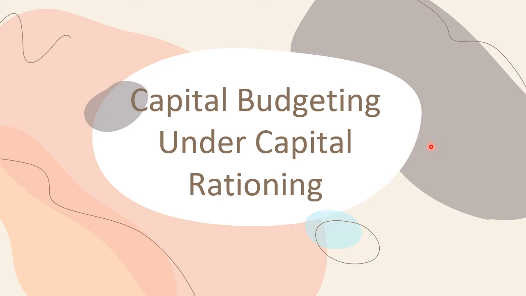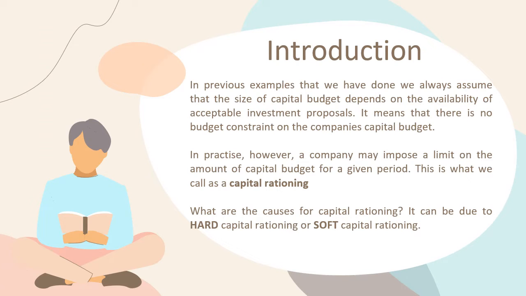The next one is capital budgeting under capital rationing. So what is capital rationing? In the previous examples that we have done, we always assume that the size of the capital budget depends on the availability of acceptable investment projects.